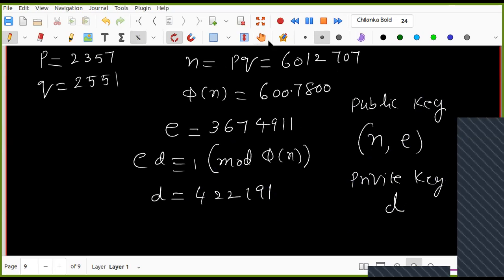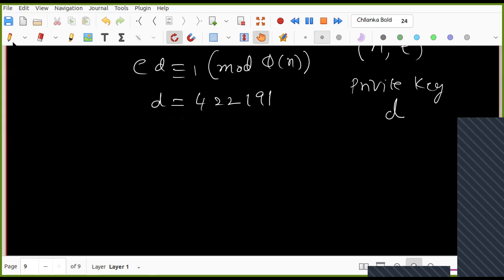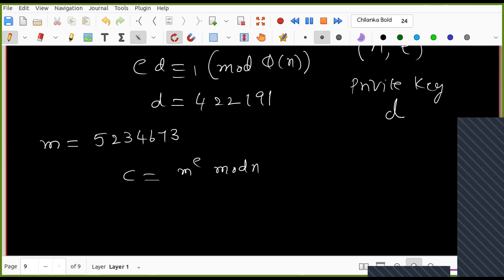For example, now encryption: my m is between 0 and n minus 1. My m value is 5234673, some number. Now how to compute? c is equal to m power e mod n.